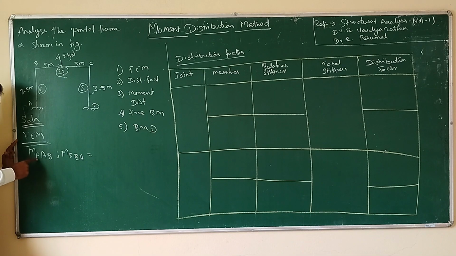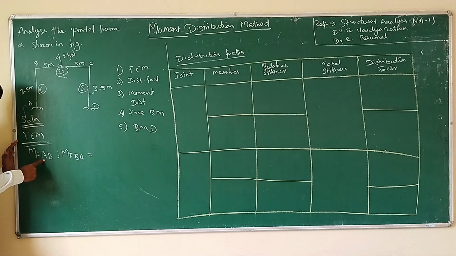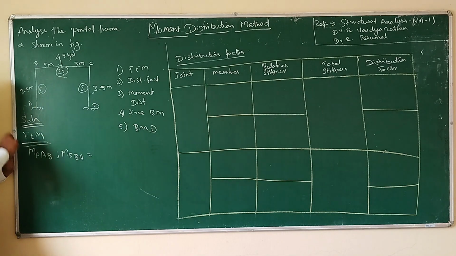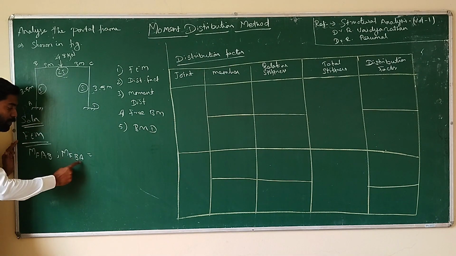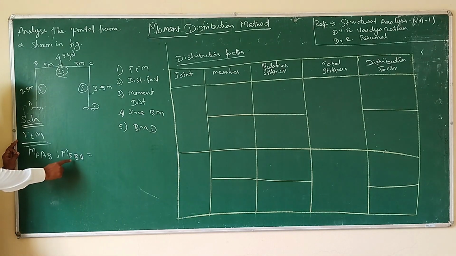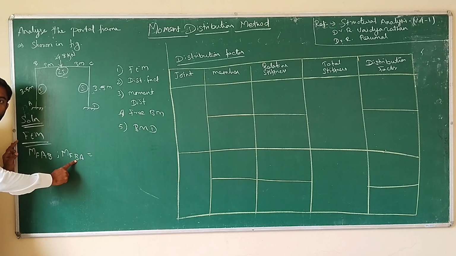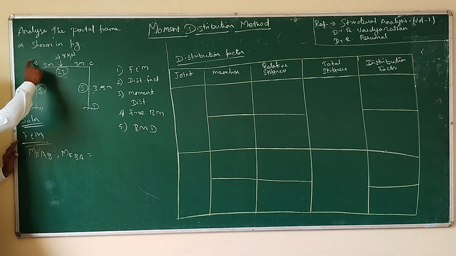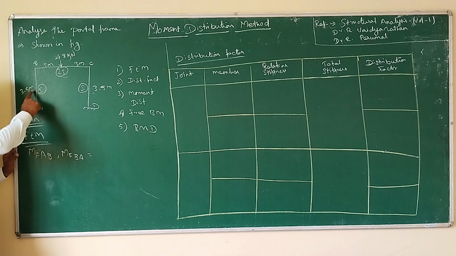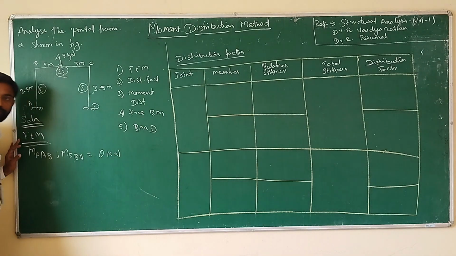MFAB indicates the fixed end moment where A is the near end and B is the far end, and in MFBA, B is the near end and A is the far end. In the case of AB, there is no load, and hence the value will become 0.